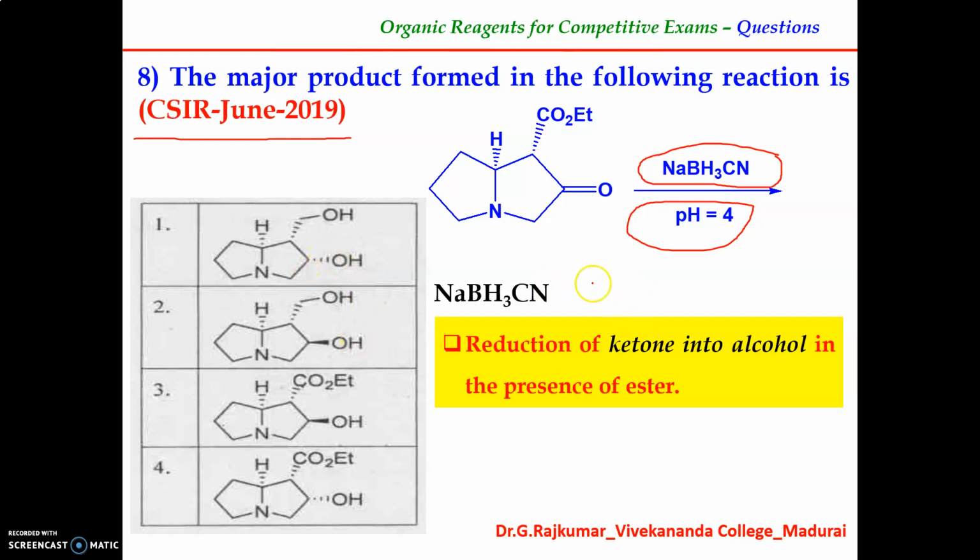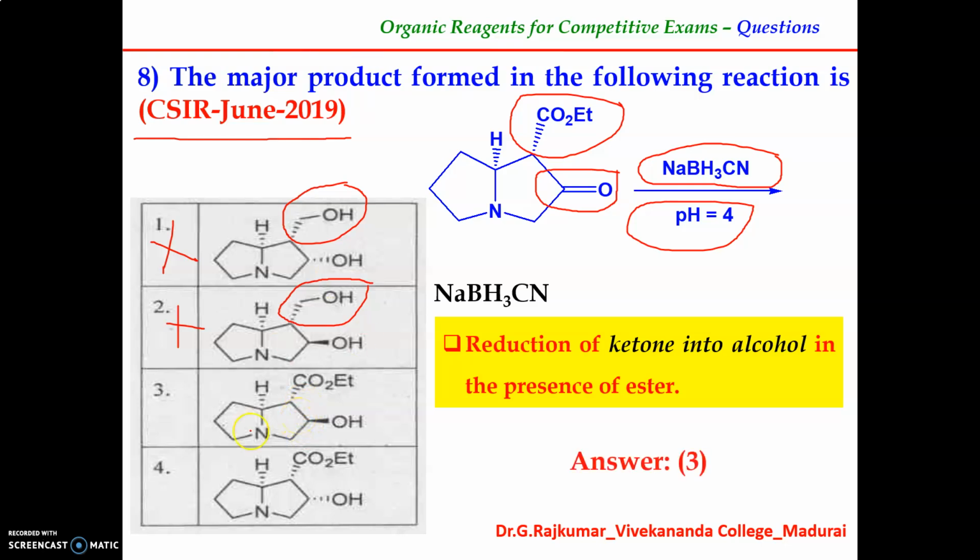So reduction of ketone into alcohol. This keto group can be reduced into alcohol. This ester group is not affected. But look at this, in option 1 the ester is also reduced. In option 2 the ester group is also reduced, hence 1 is not correct, 2 is also not correct. So we can have 3 or 4.